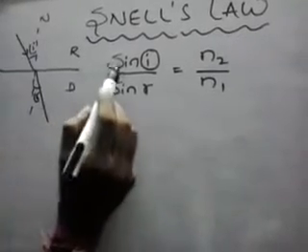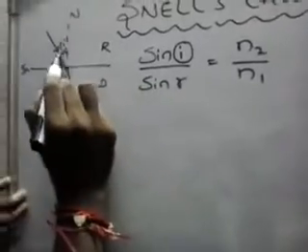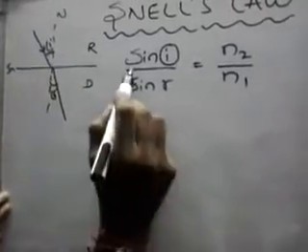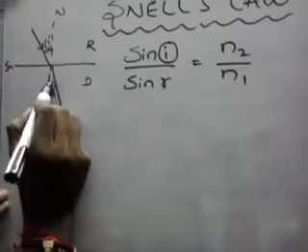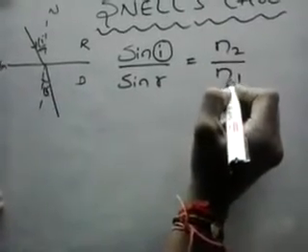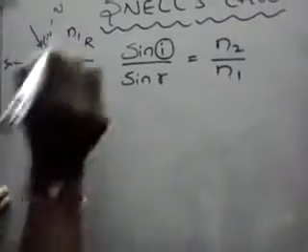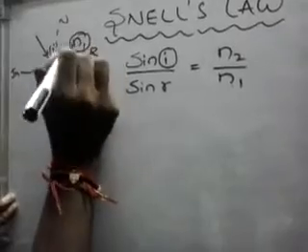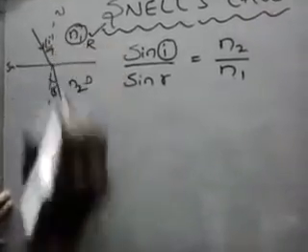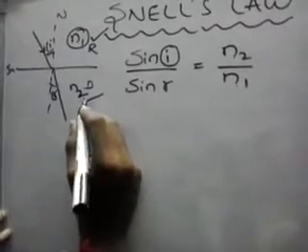And according to Snell's law, sine of angle of incidence over sine of angle of refraction equals n2 by n1, where n1 is the refractive index of the rarer medium and n2 is the refractive index of the denser medium.